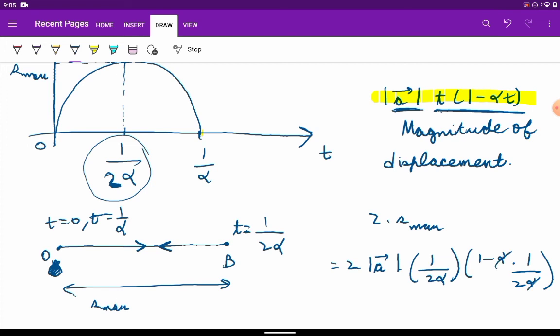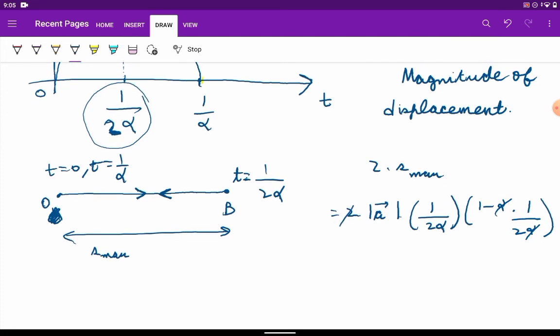So alpha cancels out. Oh, I'm so sorry, this 2 and this 2 cancel out, yes, okay.